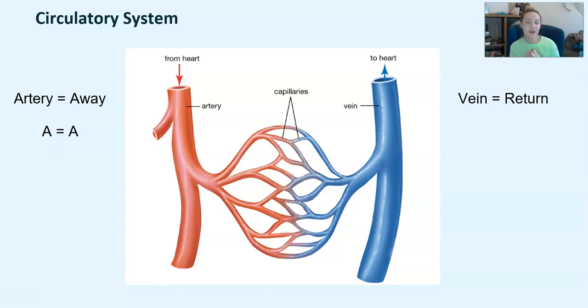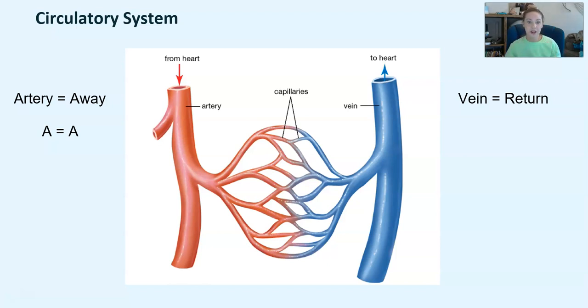So here's a cool diagram that I wanted to show you. This is illustrating the specific type of blood vessels that you have in your human circulatory system. You have arteries, capillaries, and veins. Okay, so you have arteries that carry blood away from your heart.